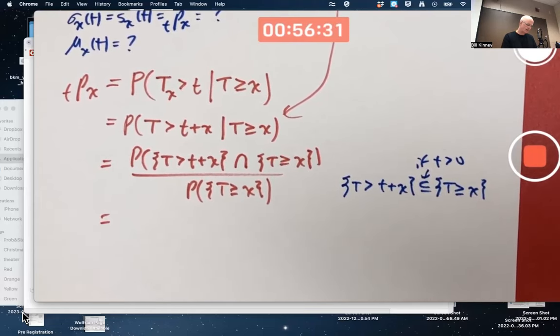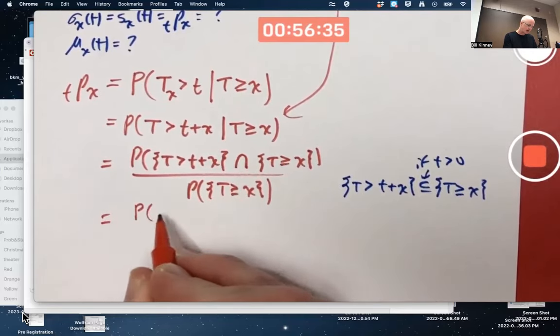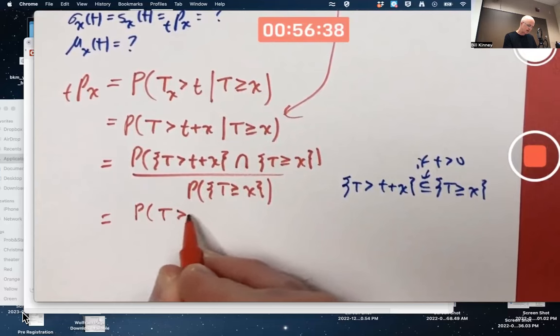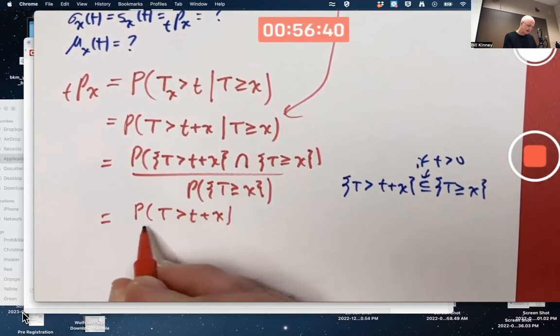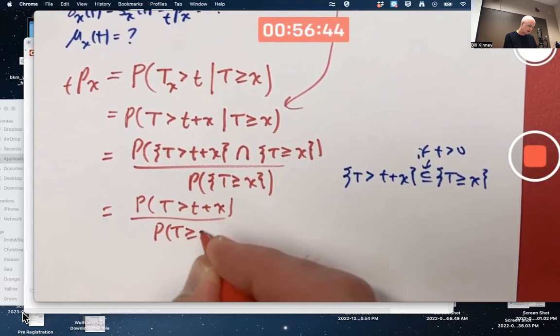So this probability can be simplified to just the probability that capital T is greater than little t plus little x. And now I'm getting rid of the curly braces.